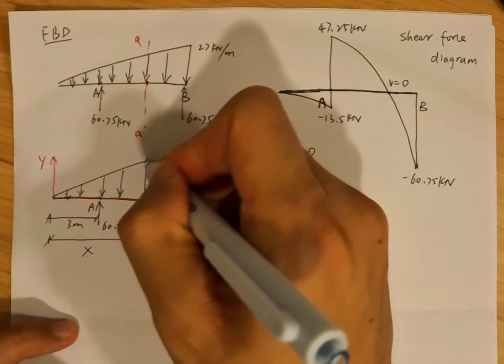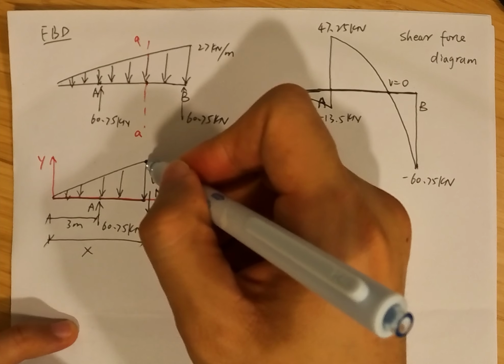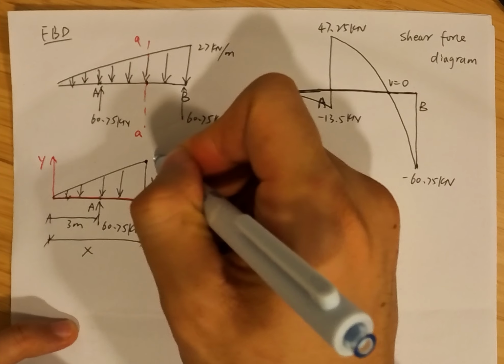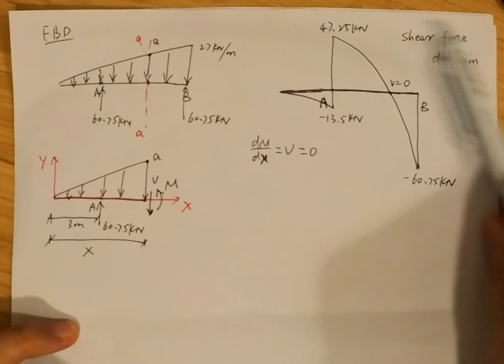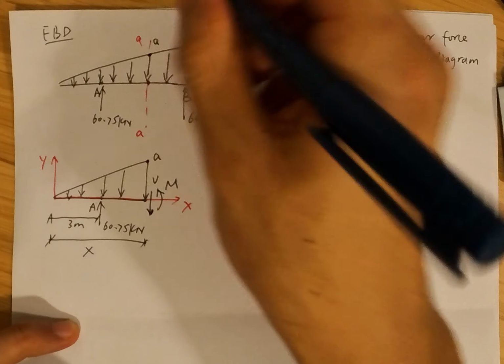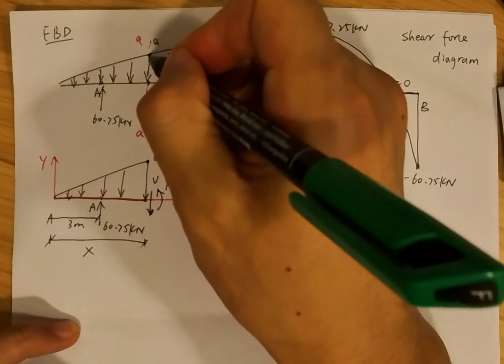How to find the intensity? Say this intensity is A. We want to know the intensity A here.